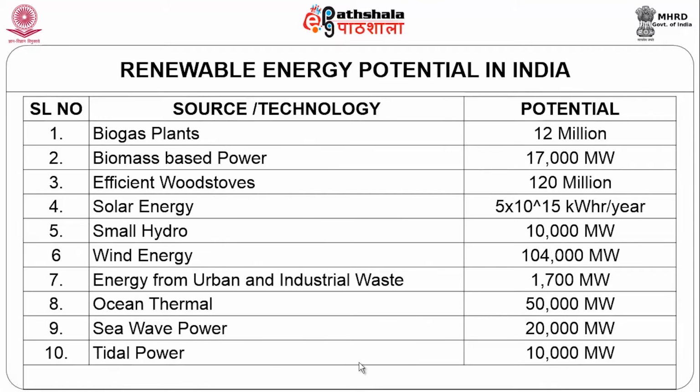This is the renewable energy potential in the country: biogas plants about 12 million, biomass based power 17,000 megawatt, efficient wood stoves 120 million, solar energy 5 into 10 to the power 15 kilowatt hour per year, small hydro 10,000 megawatt, wind energy 1,04,000 megawatt, energy from urban and industrial waste 1,700 megawatt, ocean thermal about 50,000 megawatt, sea wave power 20,000 megawatt, and tidal power 10,000 megawatt.